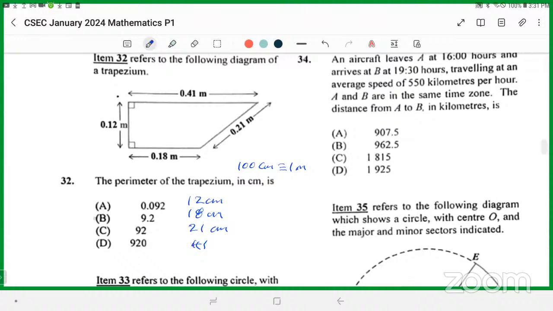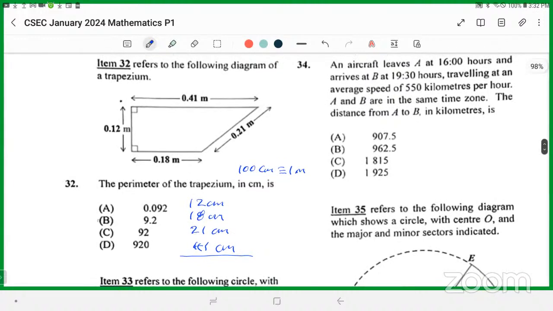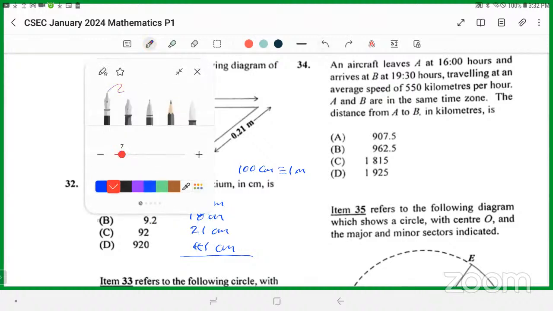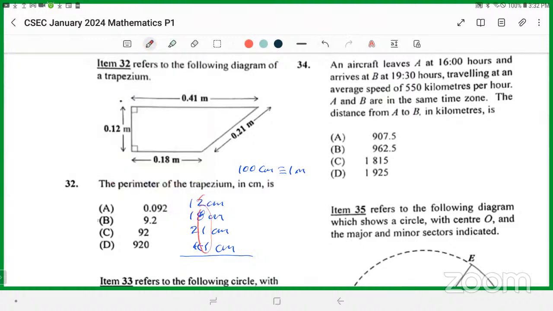All we have to do now is add up these. It's going to be 92 based on these sizes. Based on the options, it can be this, it can be that, but that says 92. If I add it up, these three give me 10. 10 and 2 make 12.